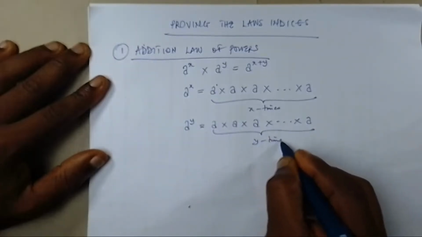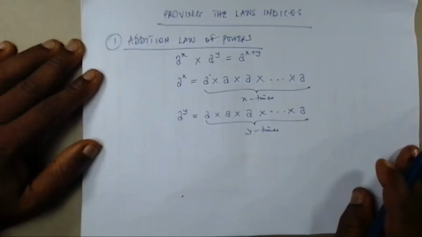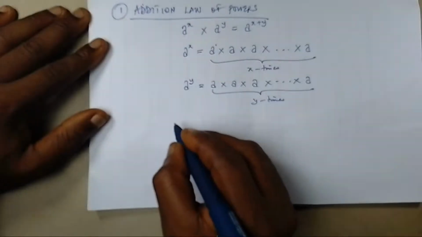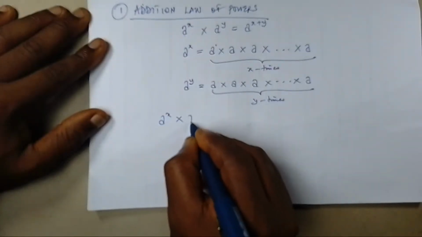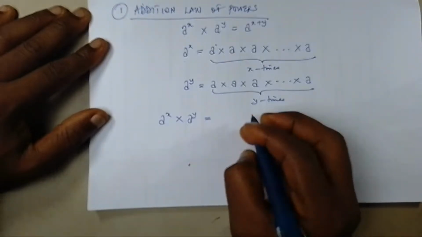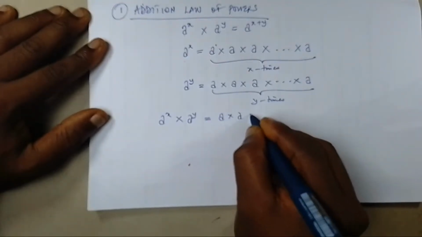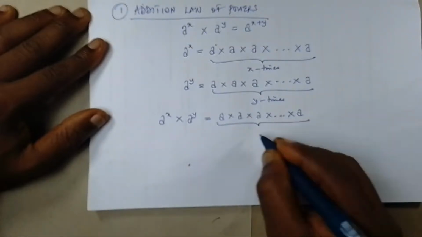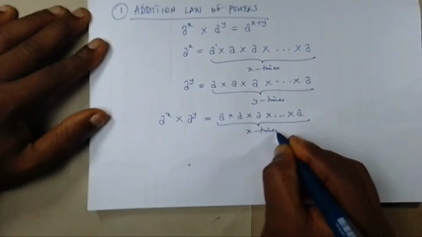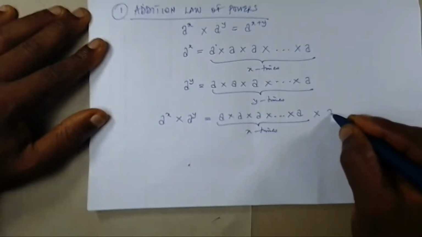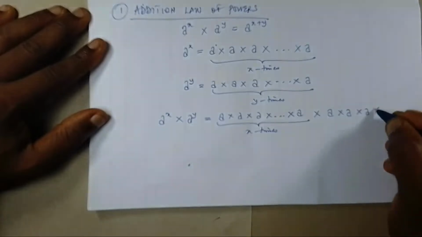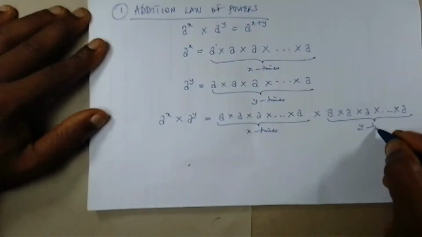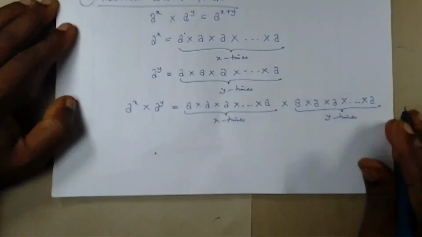So if we go by this, then a raised to power x times a raised to power y is the same as a times a times a times ellipsis a, the multiplication continuing for x times, times a times a times a times ellipsis times a, y number of times.